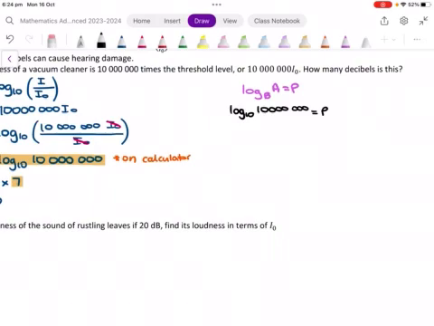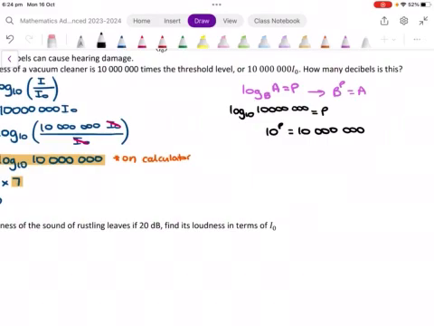So if we then change this from a log to an exponential, we will have 10 to the power of what equals 10 million. We know that when we have 10 to the power of something, the power is how many zeros we have.